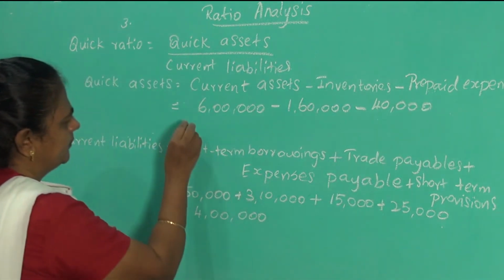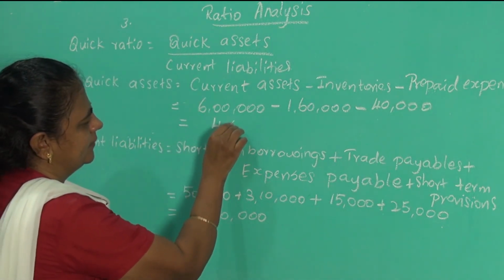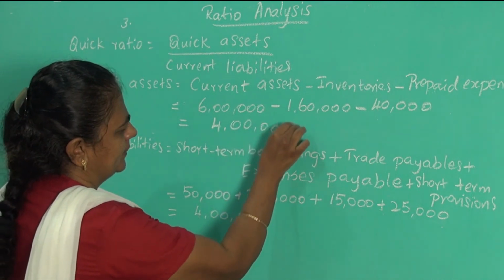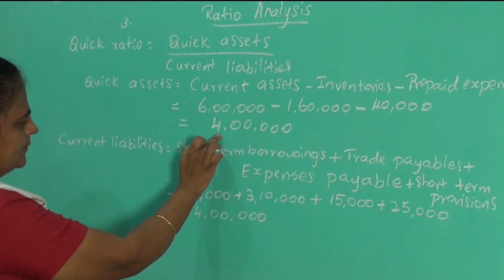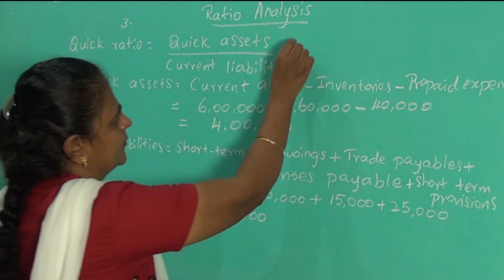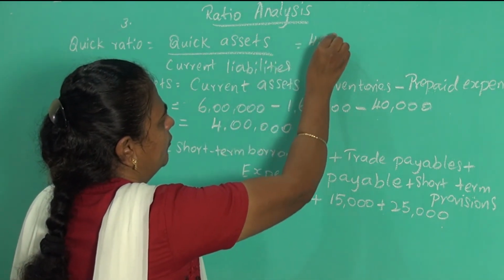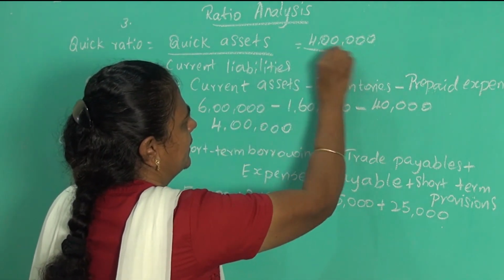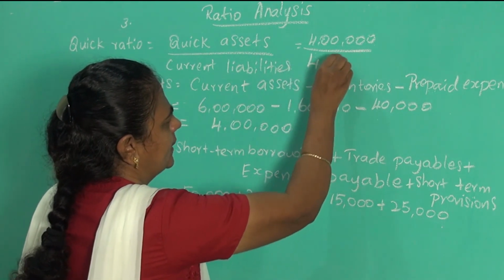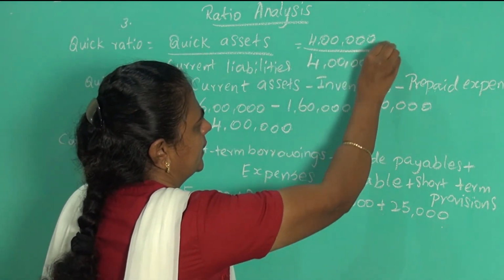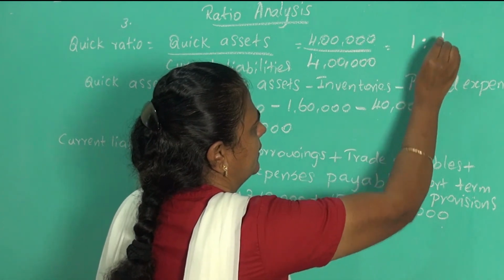So that will give you, so you will get 4 lakh. Okay, so quick assets is 4 lakh, current liabilities is 4 lakh. So just take and substitute here. 4 lakh divide by 4 lakh. So that will give you 1:1. Okay.